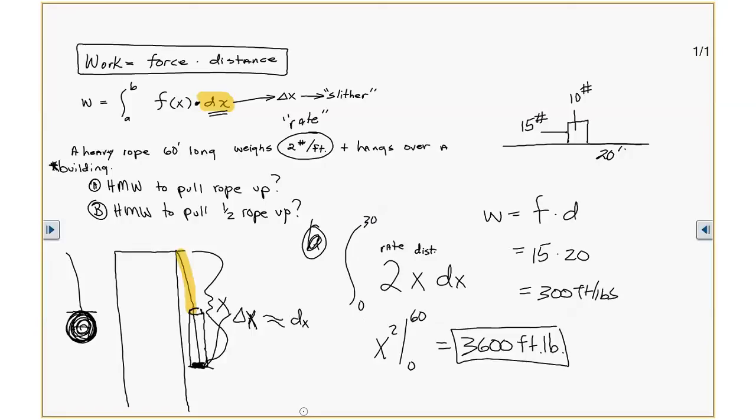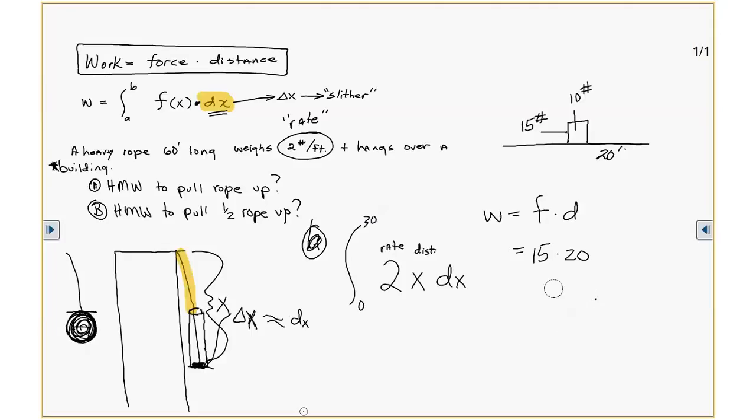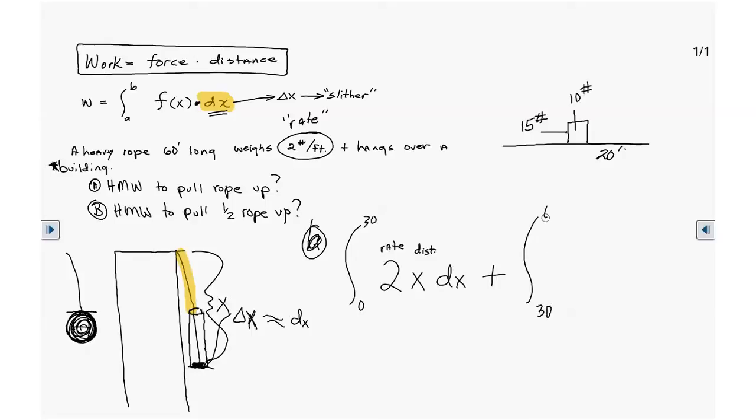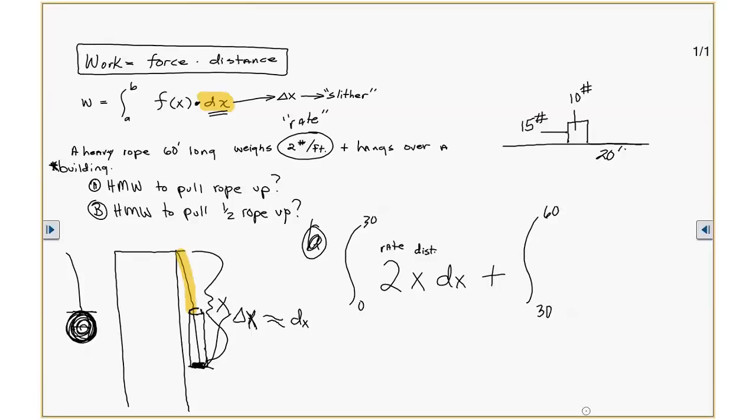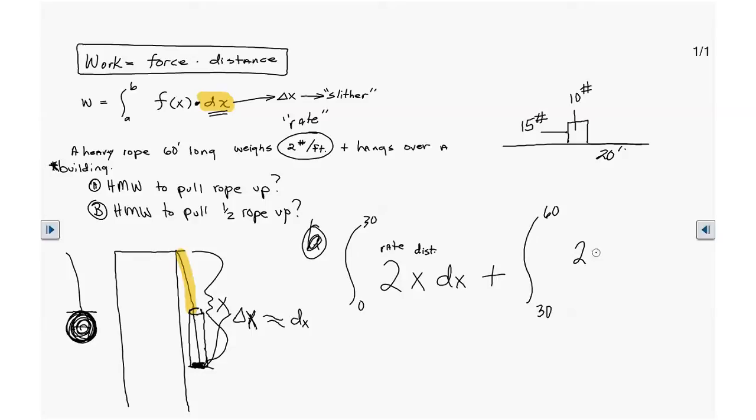But we've got to add something to it. We've got to add the dead weight, to send that up 30 foot, plus the antiderivative from 30 to 60 of 2 times 30 dx.